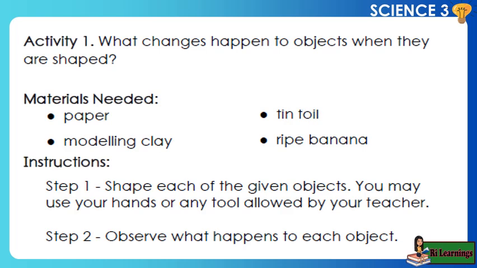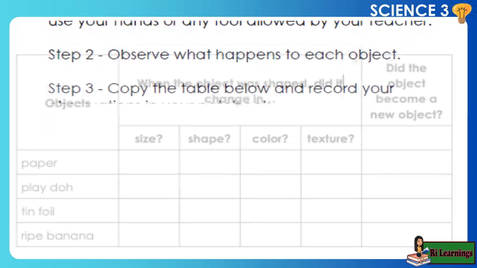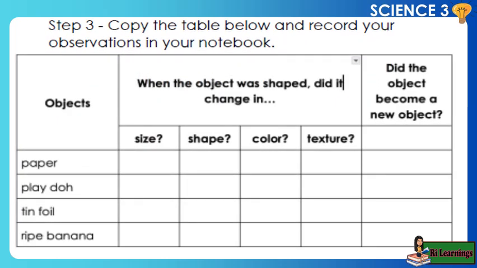Activity 1. What changes happen to objects when they are shaped? Observe what happens to each object. Copy the table below and record your observations.